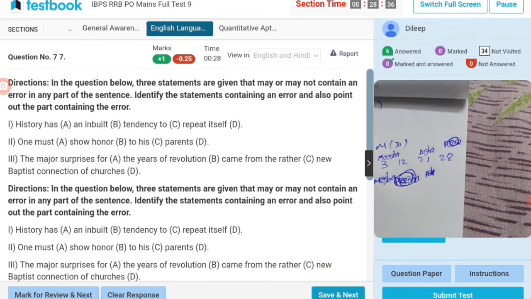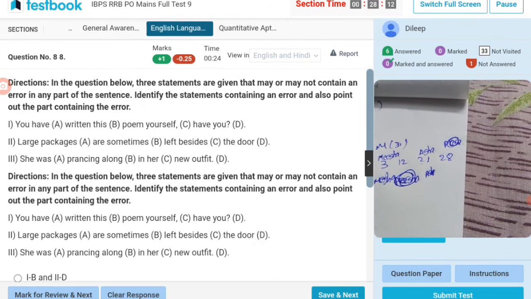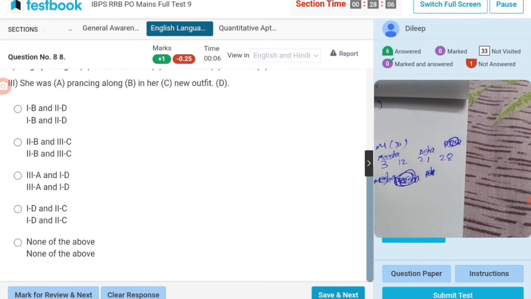So automatically history has an inbuilt tendency to repeat itself. One must show the major surprises for the years of revolution. You have written this poem yourself. So 1D.